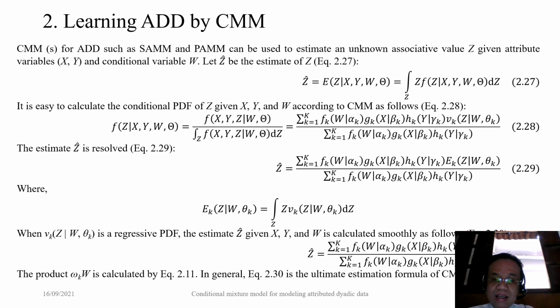The estimate Z hat given X, Y, and W is calculated smoothly by equation 2.30. In general, equation 2.30 is the ultimate estimation formula of CMM for S.